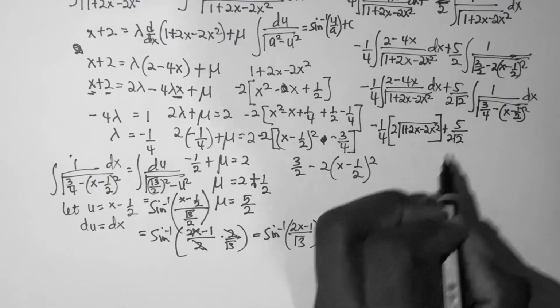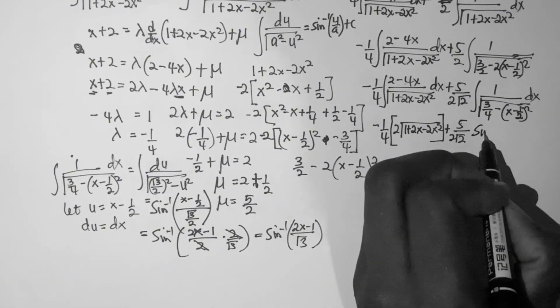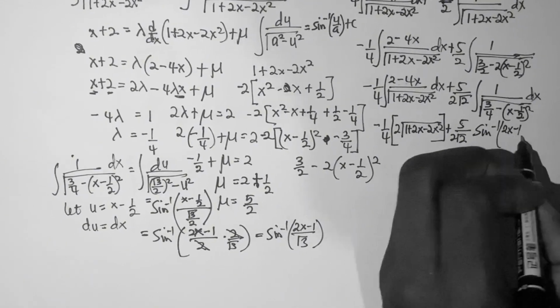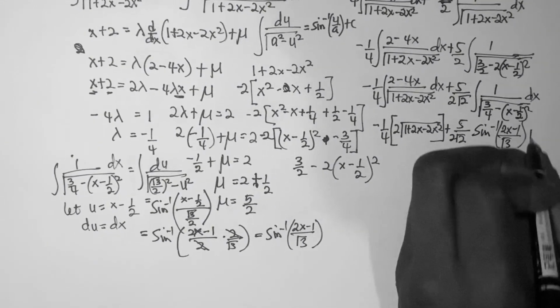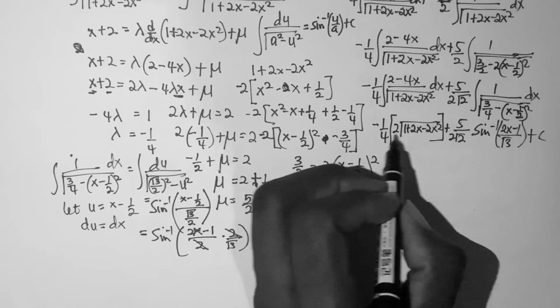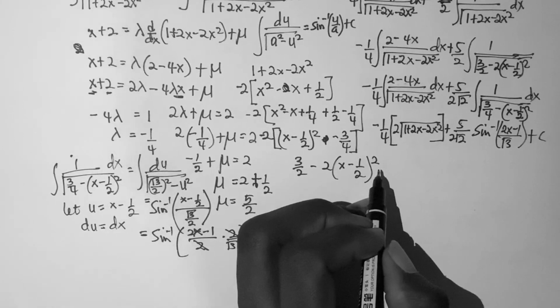And then if we do all of this integral, that's what we did down here. And that is sine inverse of 2x minus 1 over root 3 plus c. So if we further simplify this, see that these 2 can cancel one of this, so that we're left with 1 over 2.